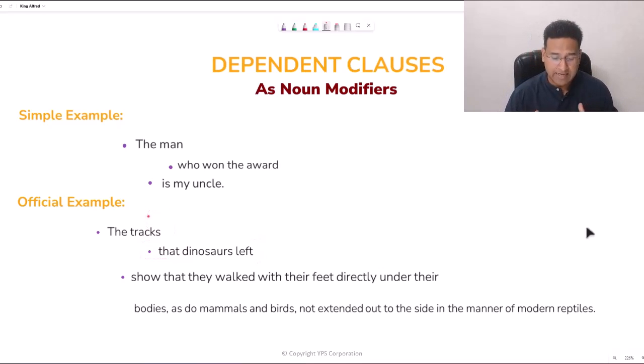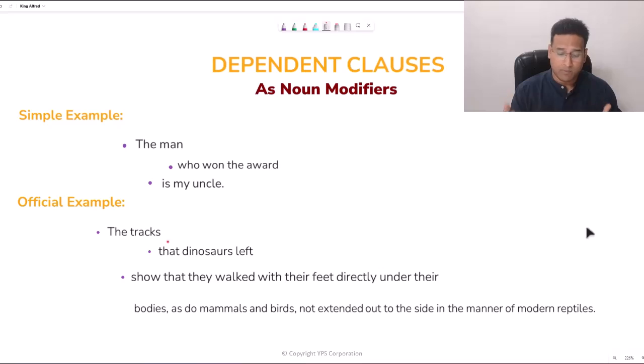The question at hand is, is this a clause? Well, let's dive in. That, yes, is a relative pronoun, and this group of words has a subject and a verb. Interesting. So this does qualify as a clause. It does have a subject and a verb. It does have a connector in the form of a relative pronoun.